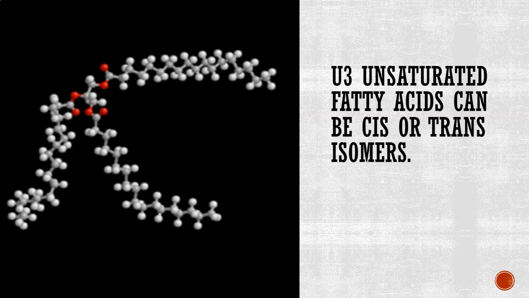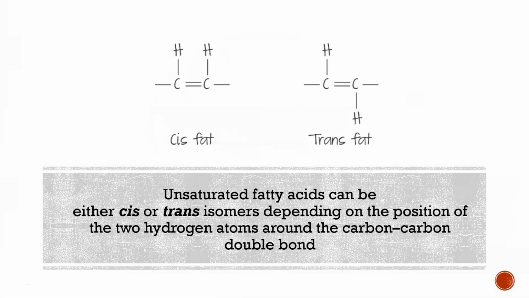Understanding 3: unsaturated fatty acids can be called cis or trans isomers. So we've got our two diagrams there. Unsaturated fatty acids can either be cis or trans isomers depending on the position of the two hydrogen atoms around the carbon-to-carbon bond. So there we've got the carbon-to-carbon bond.